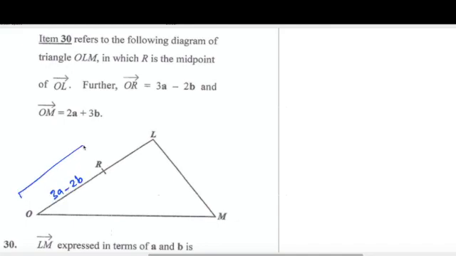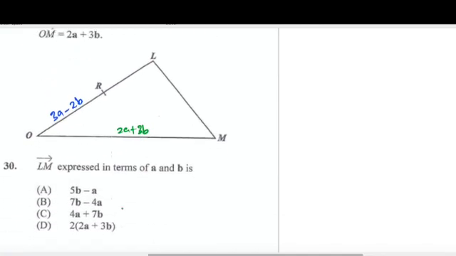Just this little section here, OR. Right? And OM is 2A plus 3B. So O to M, this entire thing here, is 2A plus 3B. Express LM in terms of A and B.